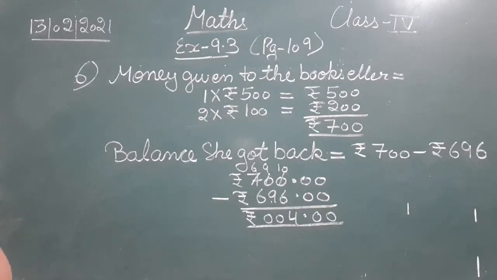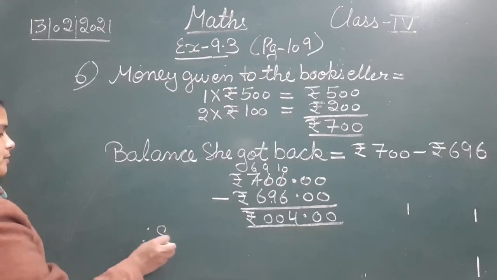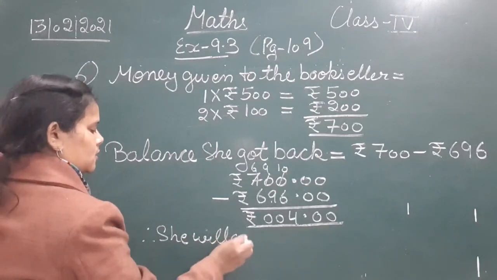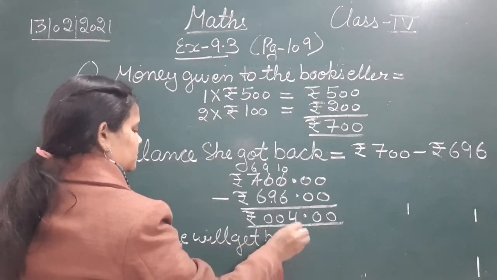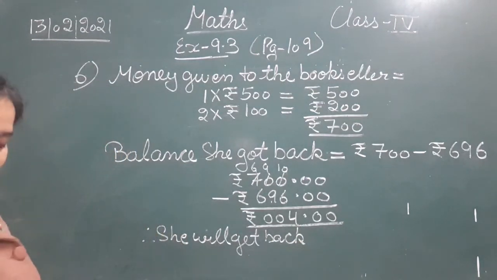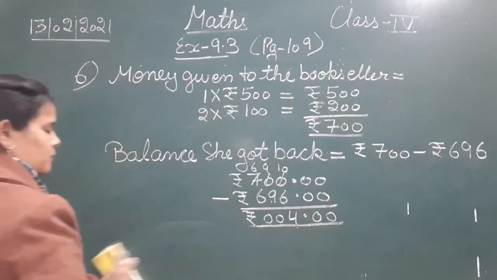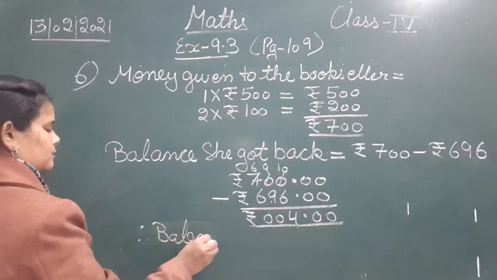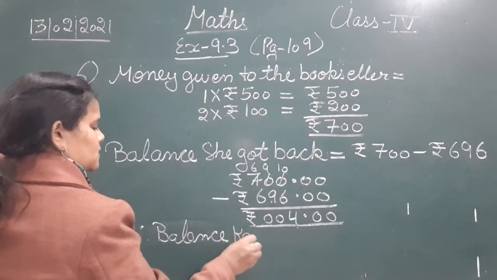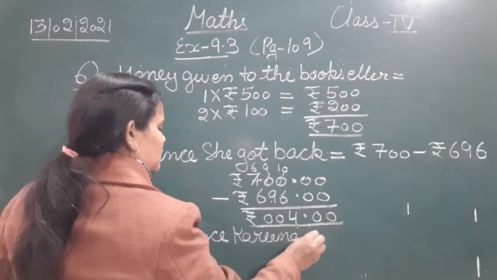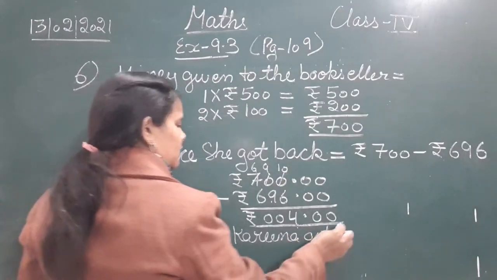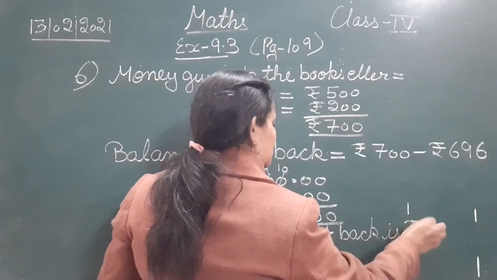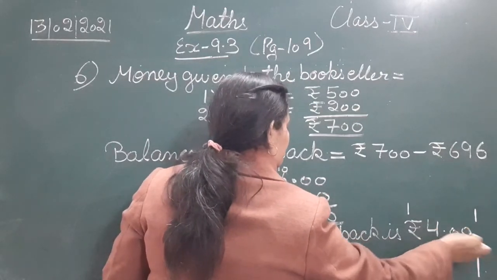तो उसको कितना balance मिलेगा वापस? Therefore the balance Karina got back is rupees 4.